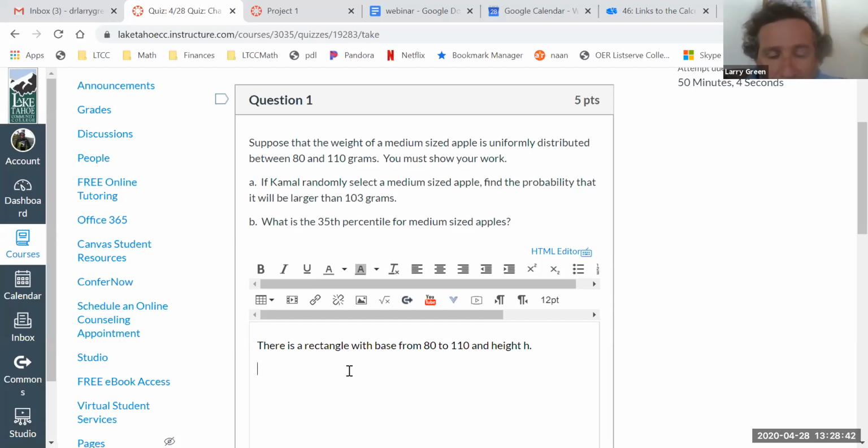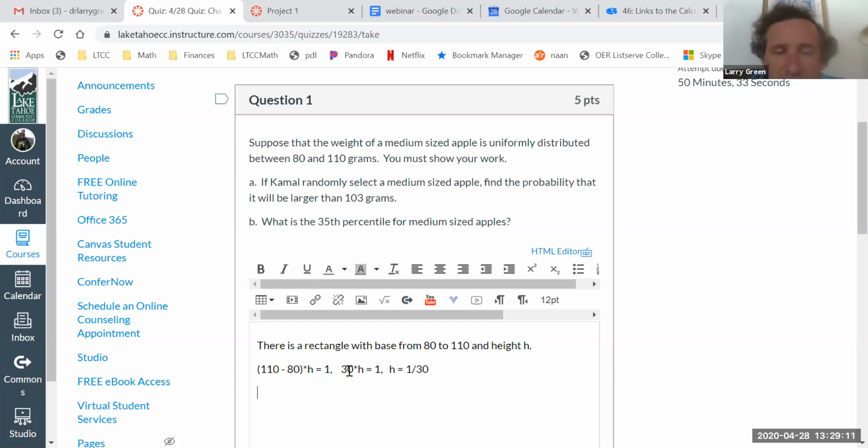So the base is going to be 110 minus 80, times the height, which I'll just call h, is equal to 1. That's the same thing: 110 minus 80 is 30, times h equals 1. Divide by 30 and you get h equals 1 over 30.